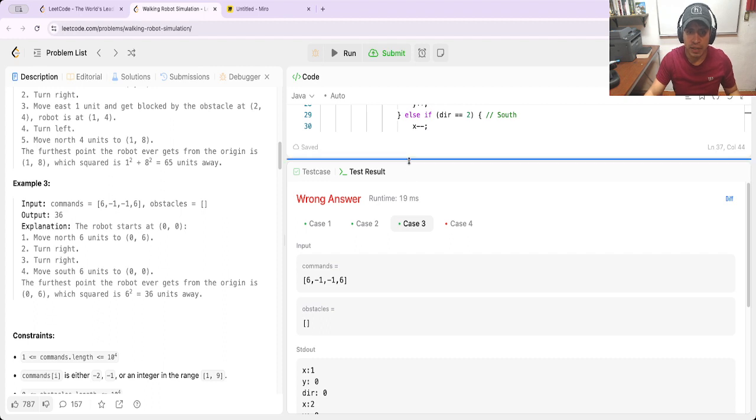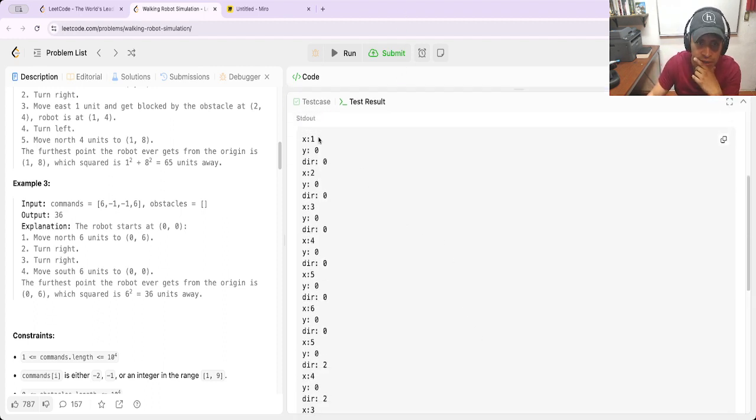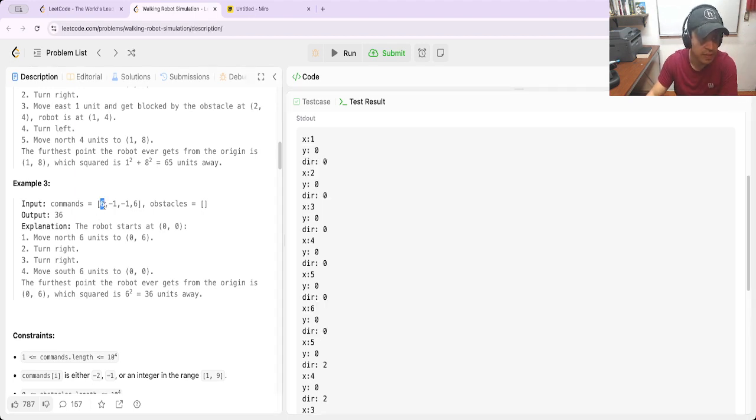Yeah, I'm wrong, but let me check if I am in the right direction. Okay, start looking to the north. Okay, 2 3 4 5. Yeah, because the first is 6 until 6 here.